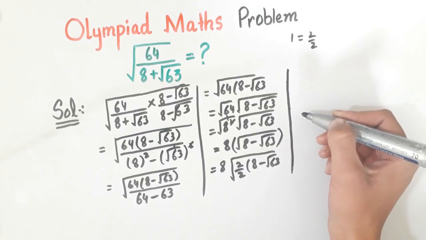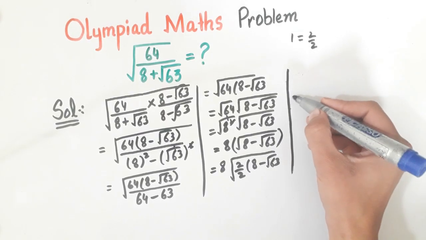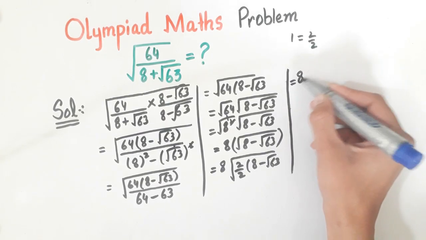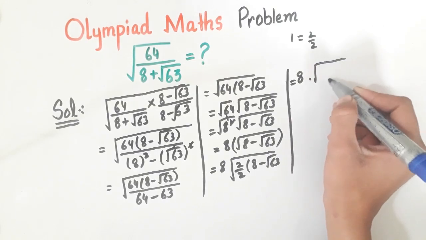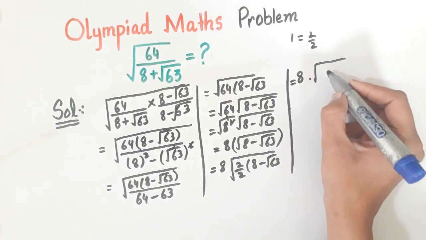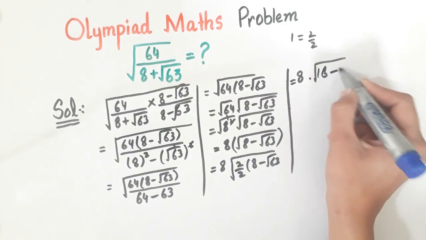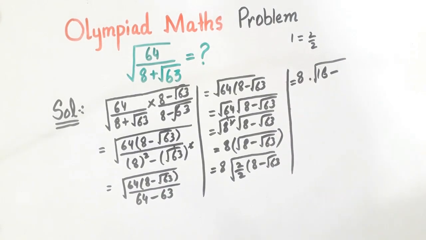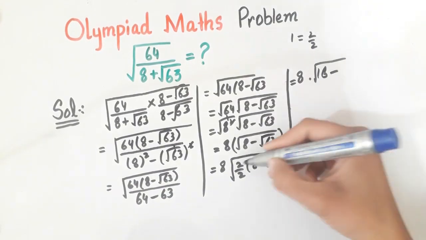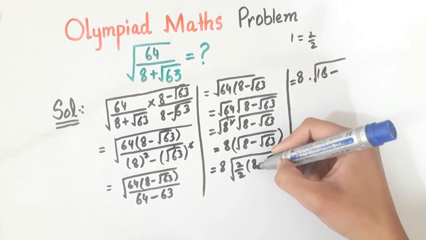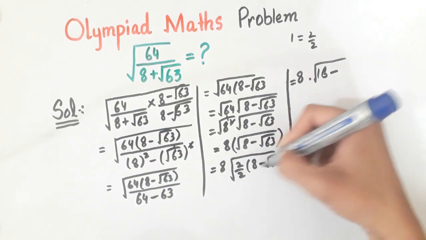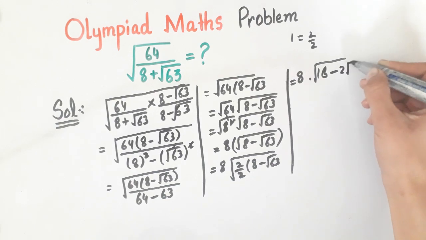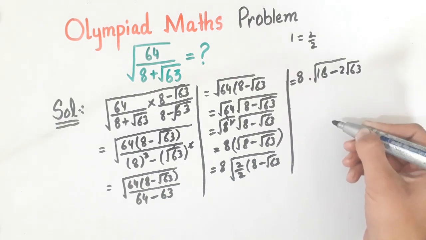We get 8 and square root of 16 minus, now we get 2 is multiplied by 8, we get 16, and then 2 is multiplied by this square root, so 2 into square root of 63.